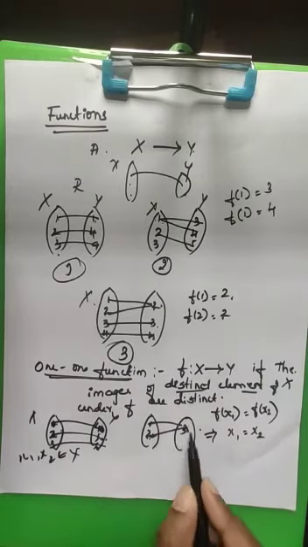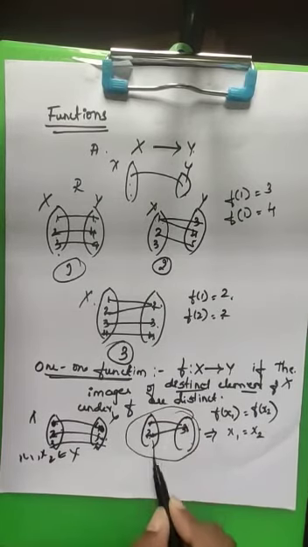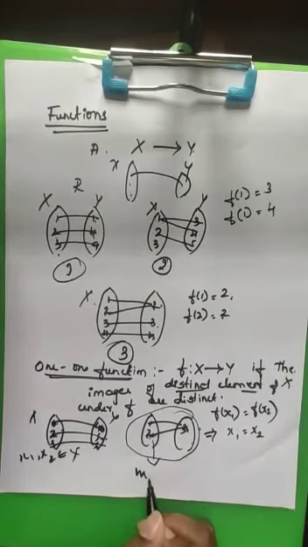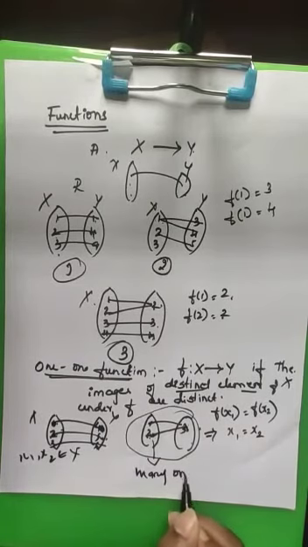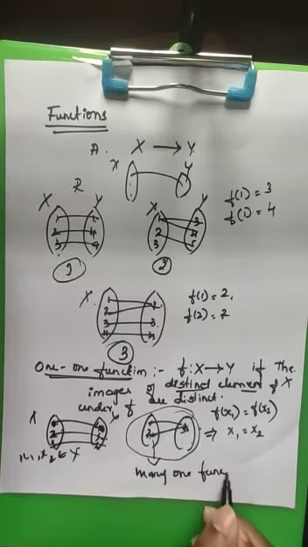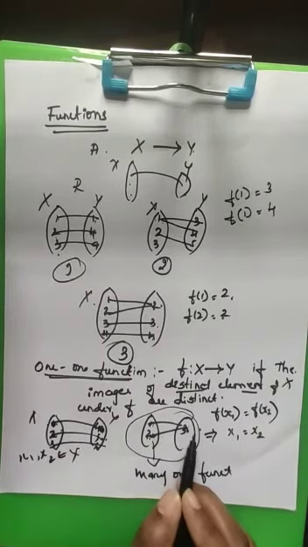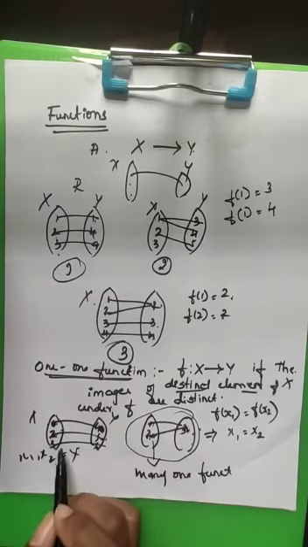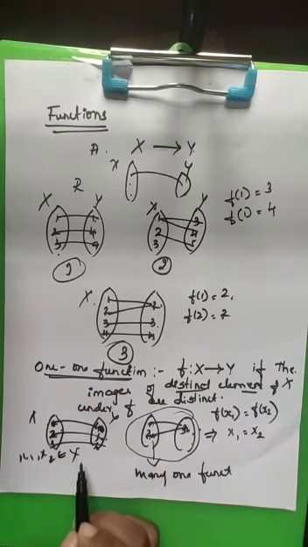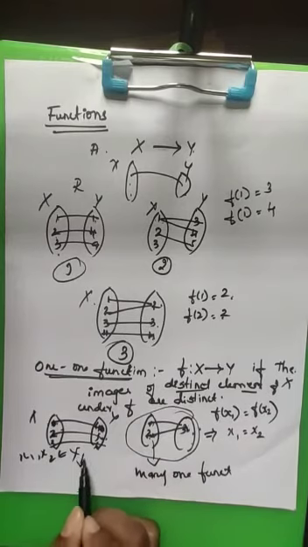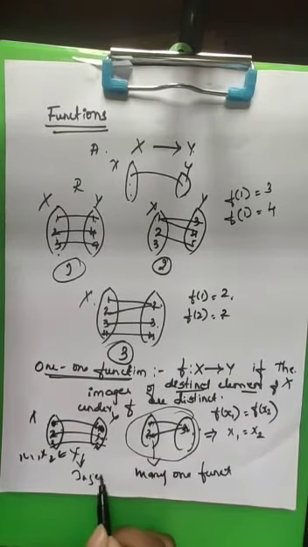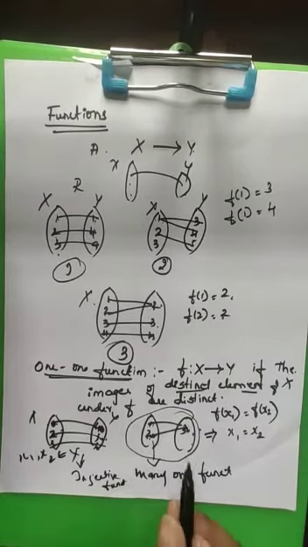If it is not one-one, if it is a function where many go to one, then we call it a many-one function. One goes to one is a one-one function. Many go to one is a many-one function. Also, a one-one function is also called an injective function. One more name for a one-one function is injective function. I hope you are clear with this part.